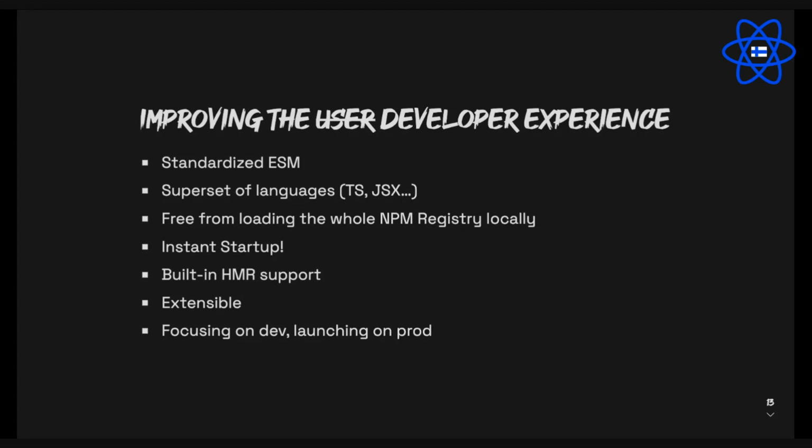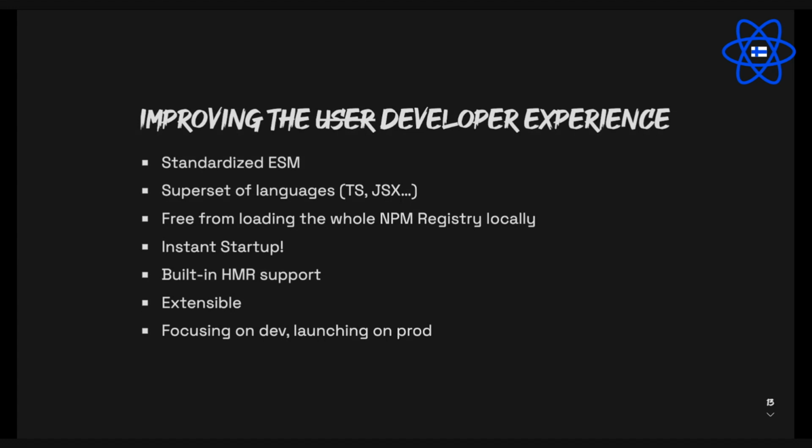So what we have right now is a standardized module version with the ECMAScript version that is ready to be handled in Node.js and in the browser directly. We want to use a superset of language like TypeScript, JSX, and so on. We want to be free from the NPM registries, and I don't want to grab the whole NPM registry locally each time I want to work on it. I want an instant startup because I just want to work and not to wait for my application to be compiled.